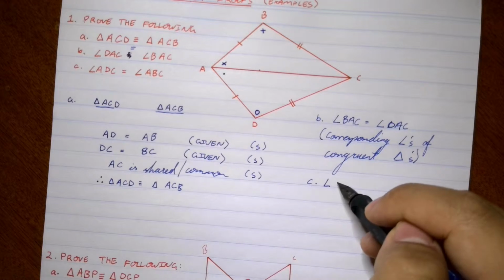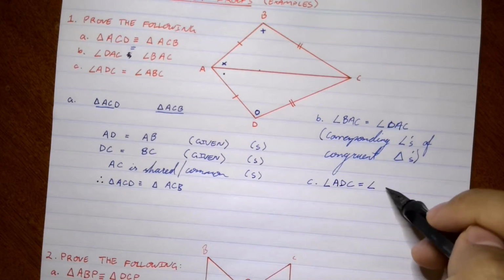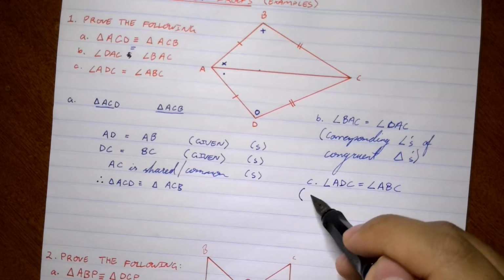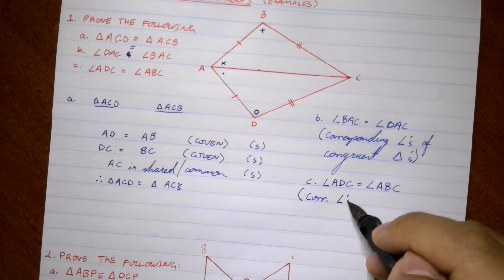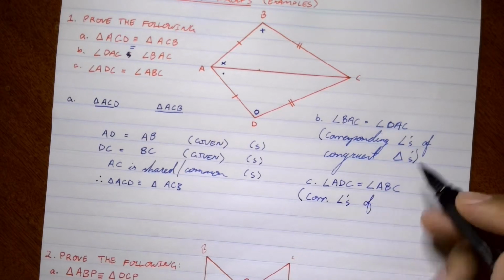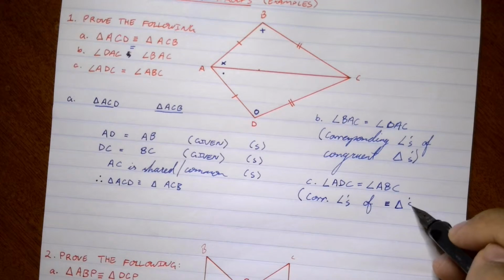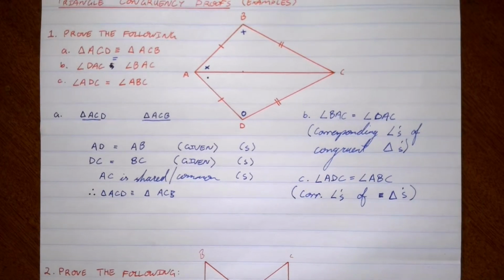We can just say that angle ADC is equal to angle ABC because corresponding angles of congruent triangles. So I did it in full and the short form for it.